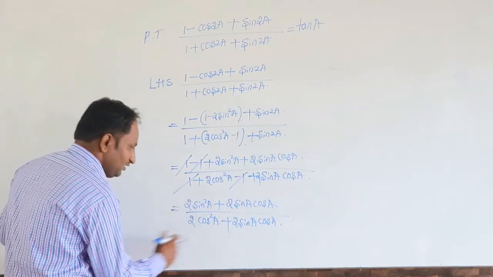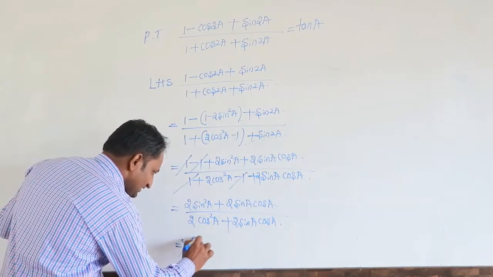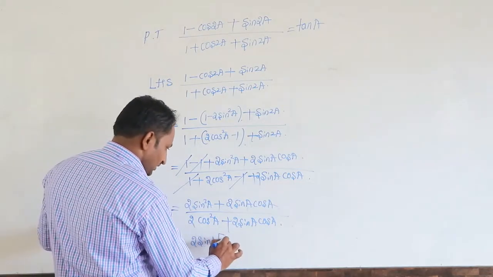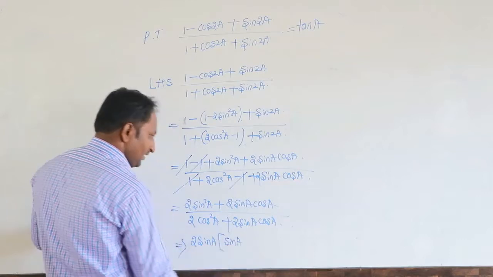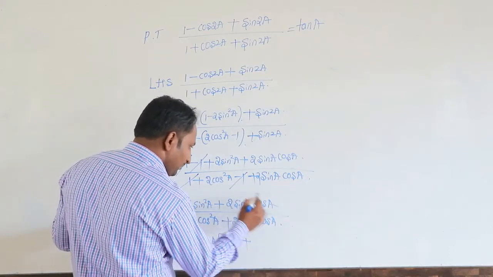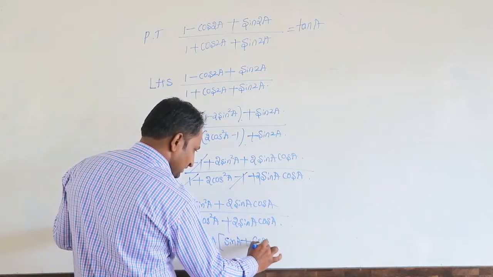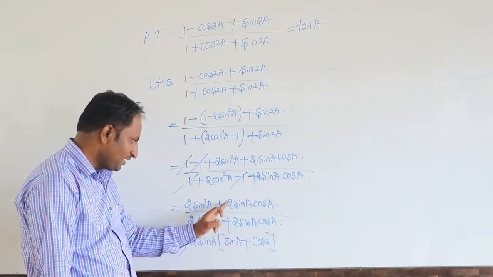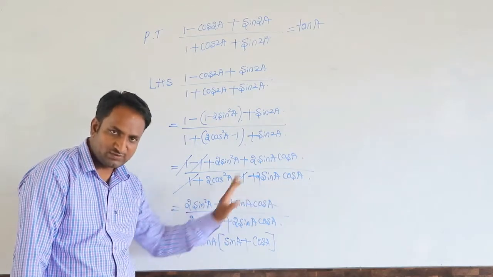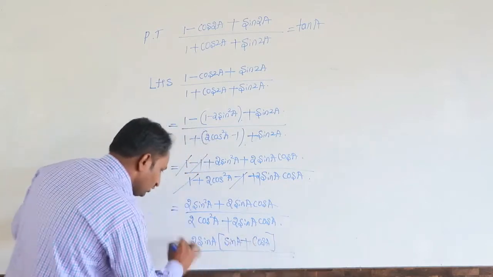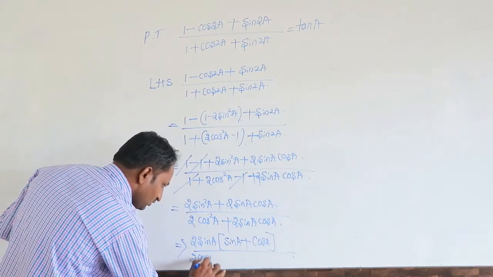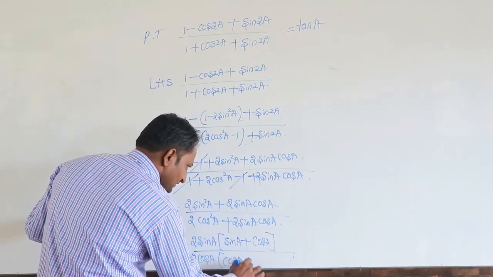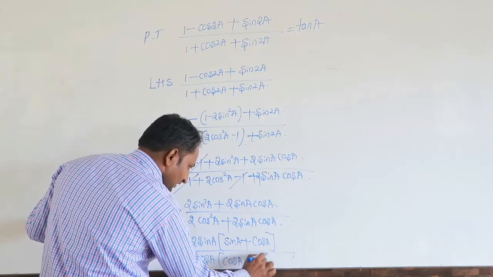Then in upper side we can take 2 sin a as common, remaining here sin a plus cos a, because 2 sin a is common, remaining sin a plus cos a, divided by 2 cos a taken common, then here cos a plus sin a.